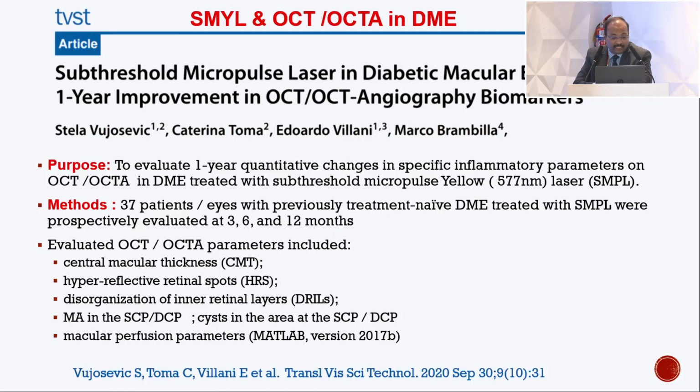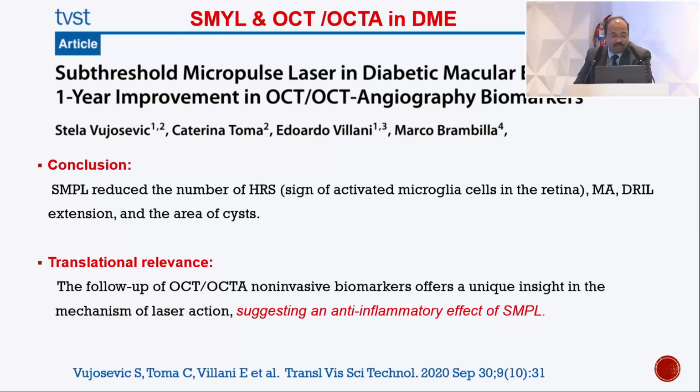They looked at central macular thickness, hyperreflective spots, DRIL, microaneurysms, and macular perfusion parameters, and they found that micropulse laser reduced the number of HRS, hyperreflective spots, which are, as we know, signs of activated microglia in the retina, MA, DRIL extension, and the area of cysts. So they suggested that perhaps micropulse laser may have an anti-inflammatory effect on DME.